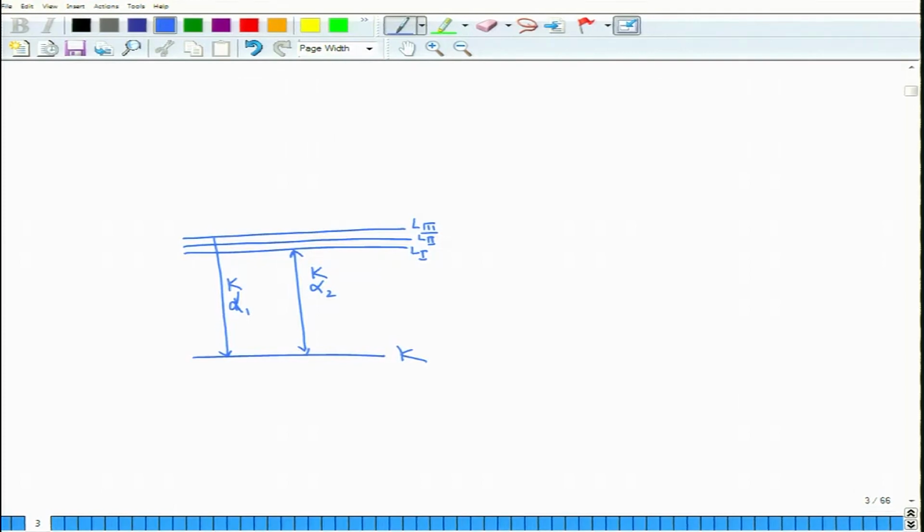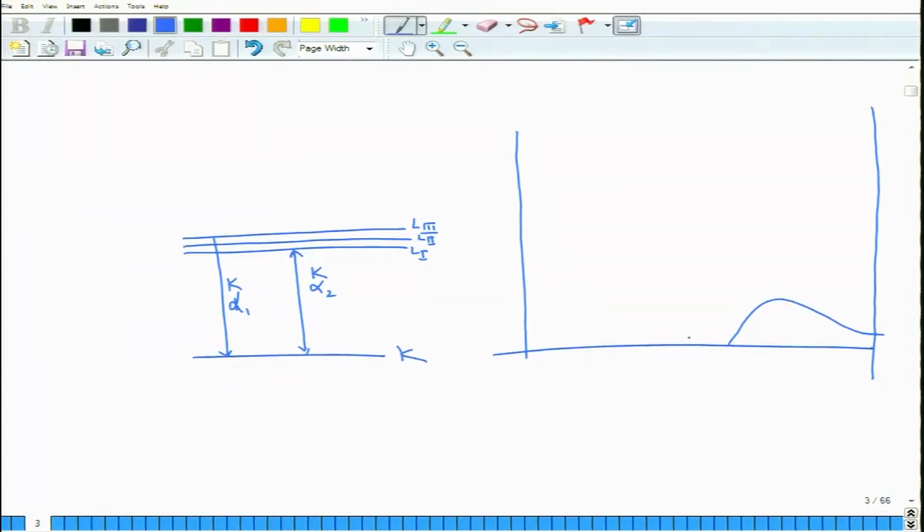Now we looked at the spectra after bombarding. The spectra vary in this fashion as the kV increases.